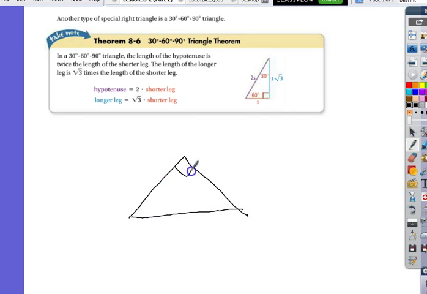This is not to scale, but I want you to label side X, side Y, and side Z. I want you to label them as LL, SL, and HYP, respective with where they're supposed to go.